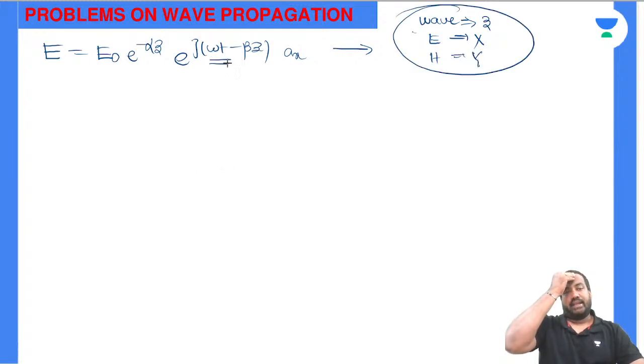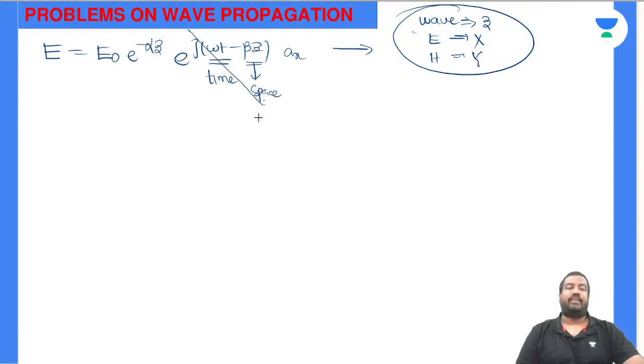Omega t gives you the change of phase with respect to time, and beta z gives you the change of phase with respect to space. This is the phase term. If you consider the amplitude variation, the attenuation, E is equal to E naught into e power minus alpha z.